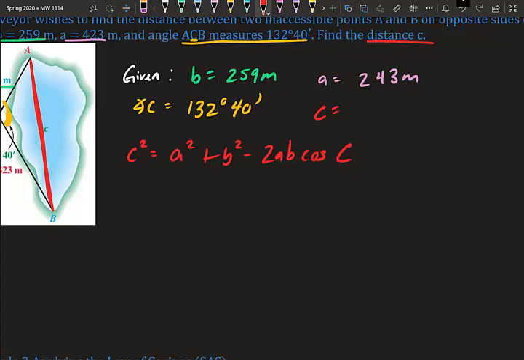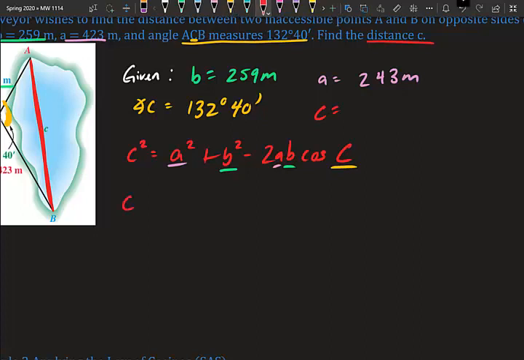Since we're trying to find side C, the remaining letters are A and B. Alright, we have our A, B, and we have our value of angle C. So our B, which was 259, and A, which is 423. And then we have our value of cosine C, so our angle, which is 132 degrees, 40 minutes.